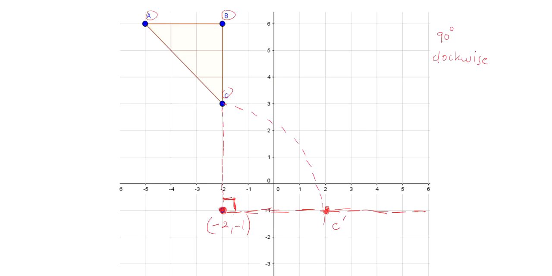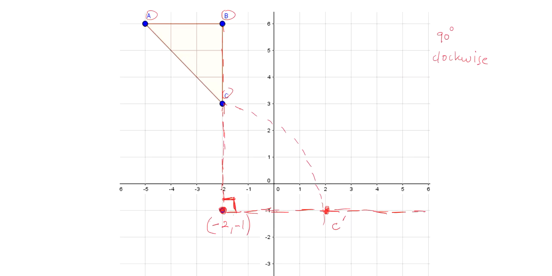Okay? If we want to do it for the point B as well, we draw a line from B to the center of rotation. So we go straight down here, and we're going to measure 90 degrees. Now because of how the triangle is, this will also be 90 degrees here. So we put our compass, the pointy part, at the center of rotation, and we draw a large arc. Right?